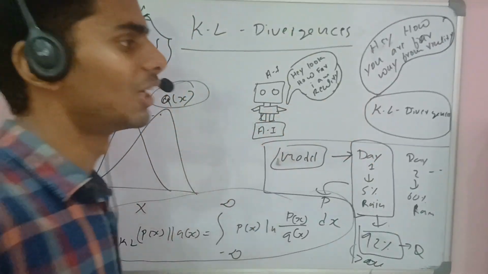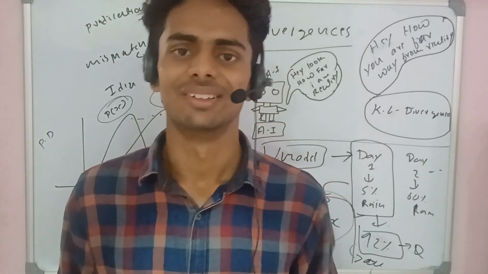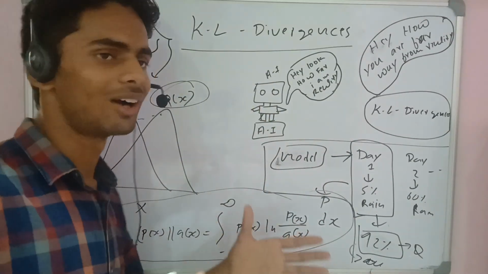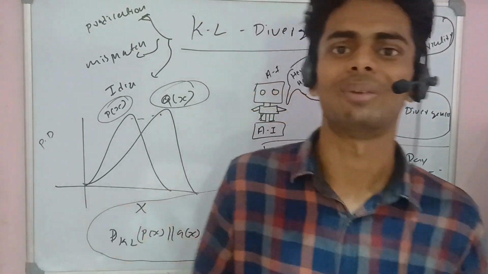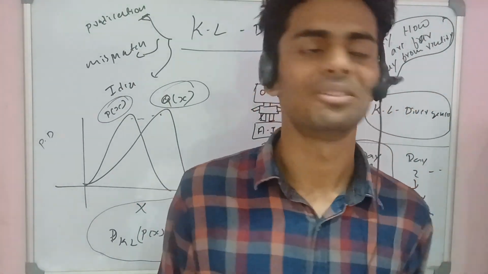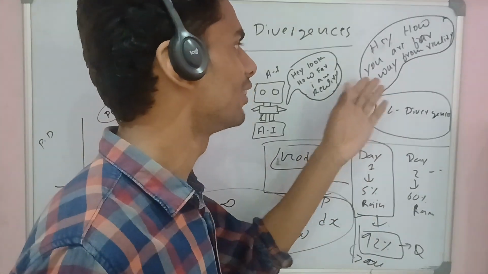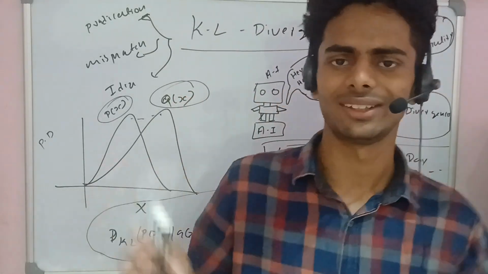If AI and KL divergence were talking to each other, what would the funny conversation be? AI says, "Hey, look how far away I am from reality." KL divergence responds, "Hey, look, how far away you are from reality," and gives a number. So artificial intelligence asks how far it is from reality, and KL divergence gives a number.